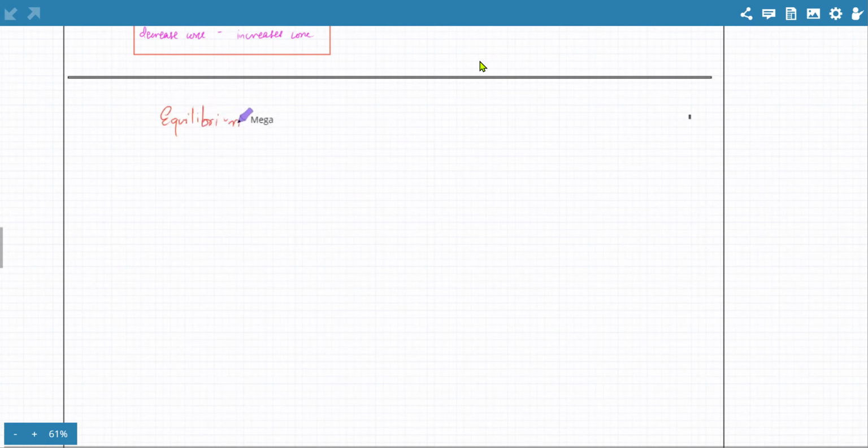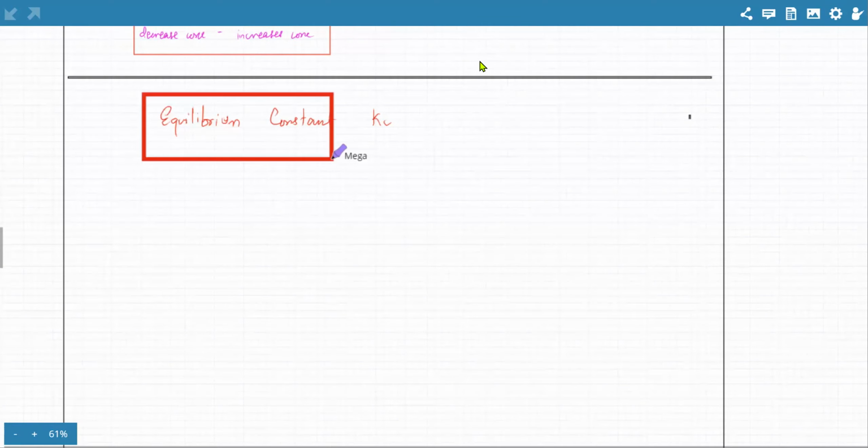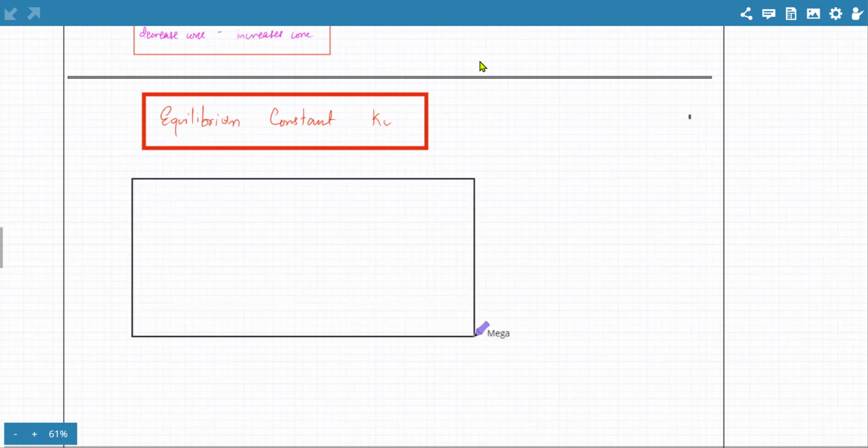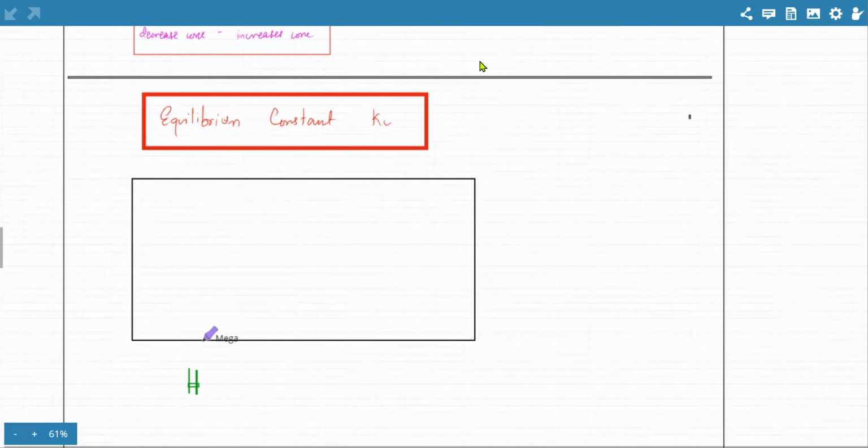The first thing that we're going to talk about is called Kc. And we need to figure out what this is. One thing that I initially told you was, for example, if I have a reaction in a container and the reaction is going on. We did the water examples. Let's do some other example. We have a container that has H2 and Cl2 reacting to form two molecules of HCl.